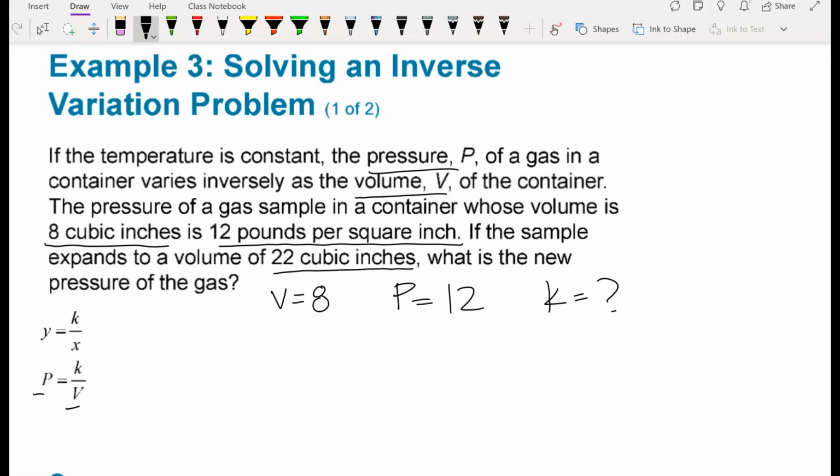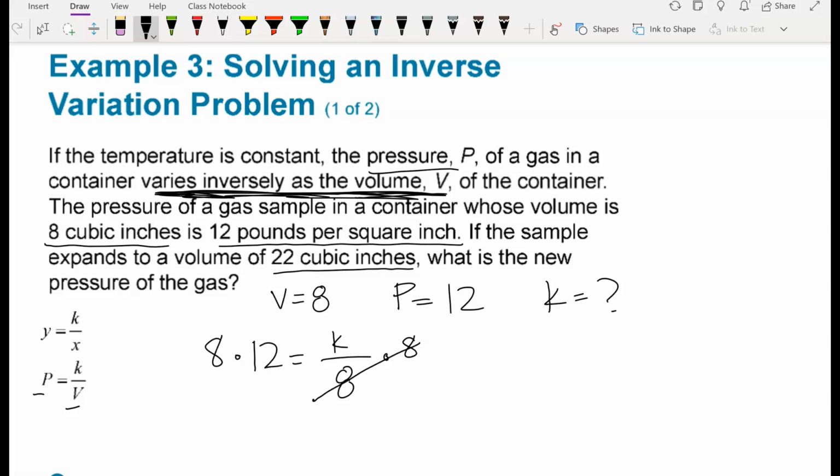So P equals K over V because it's varying inversely for volume. So that's why volume is dividing by. So pressure is 12 equals K over 8. When we're solving with fractions, remember you just multiply by the denominator to each side.